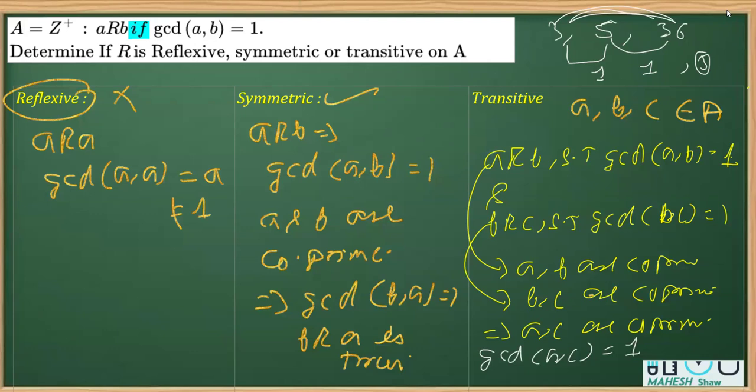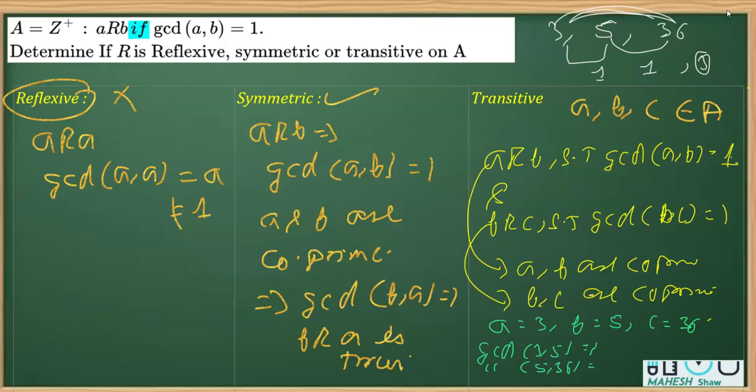So you can give an example of contradiction instead of saying that a, c is co-prime. And I think this is better: you can show that a is equal to 3, b is equal to 5, and c is equal to 36. You can show that GCD of 3 and 5 is equal to 1, and in the same way, GCD of 5 and 36 is also 1.